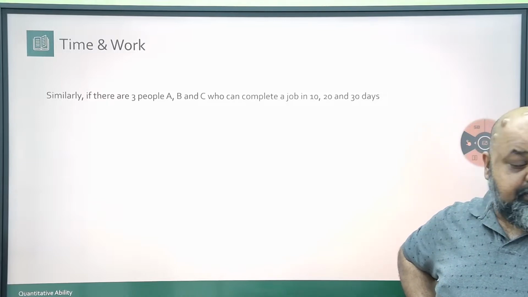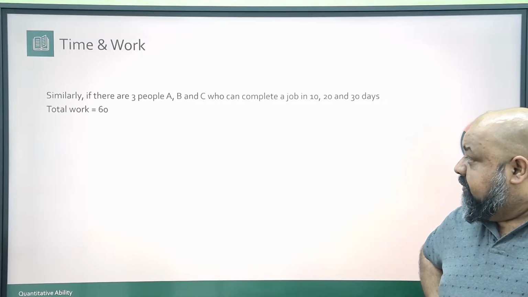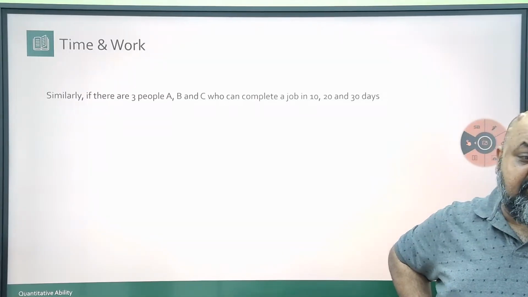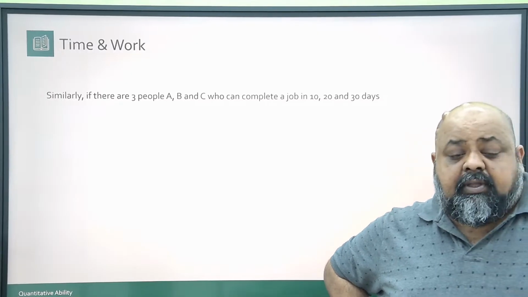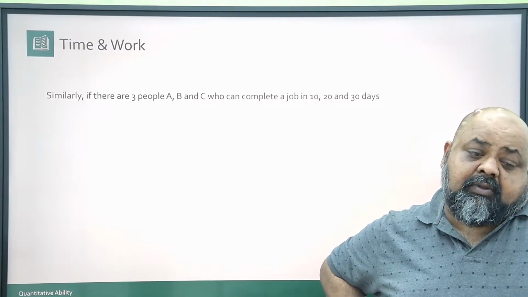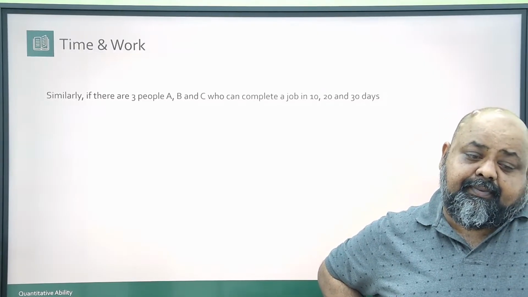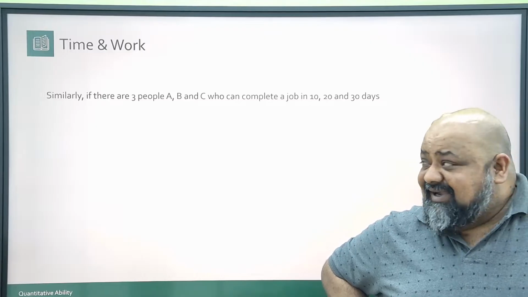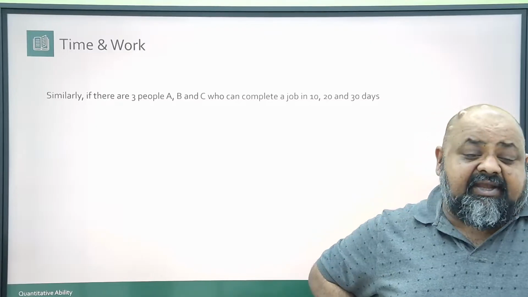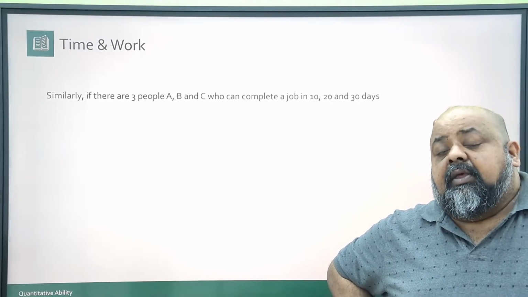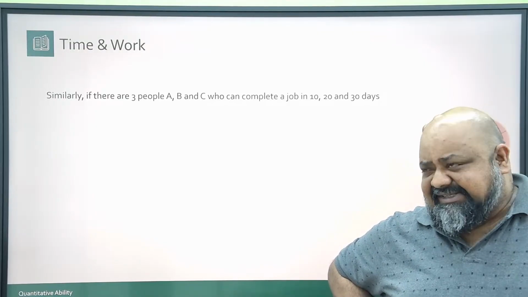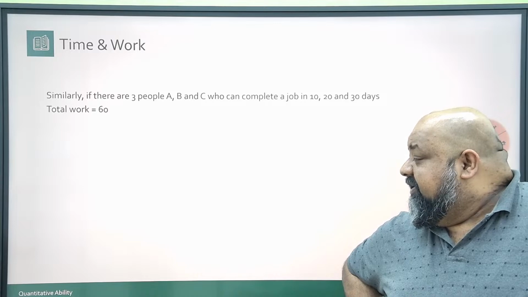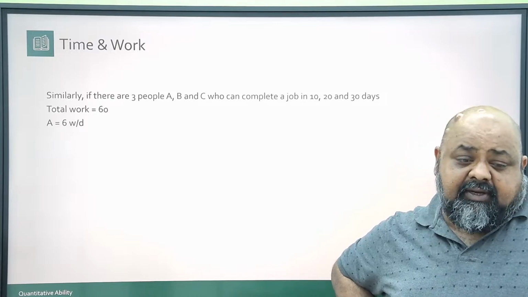So again, the question is, in how many days will they do the work together, if A, B, C are working simultaneously? Because the number of days that they take is 10, 20 and 30, we will assume the work to be the LCM of 10, 20, 30, which happens to be 60 again. And therefore efficiencies of A, B, C can be calculated.